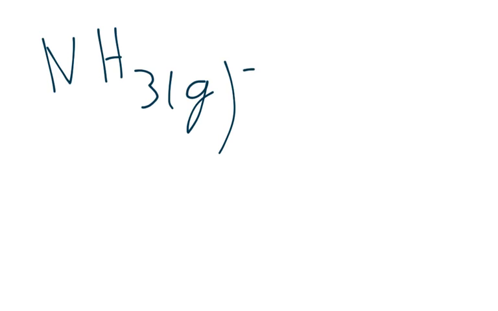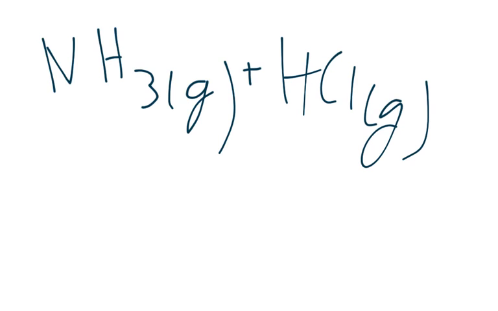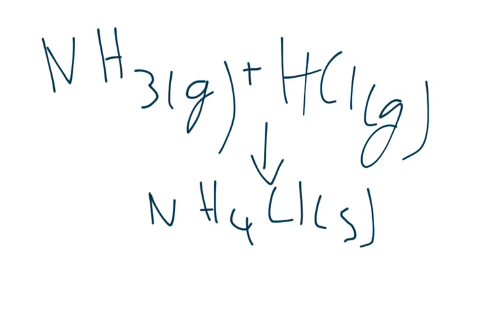So NH3 gas plus, let's see, what's our second gas? HCl gas will make NH4Cl solid. Notice that this is a salt since we have the ammonium cation and the chloride anion. So, let's balance this reaction.